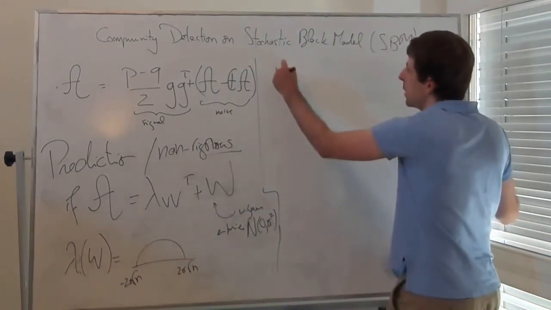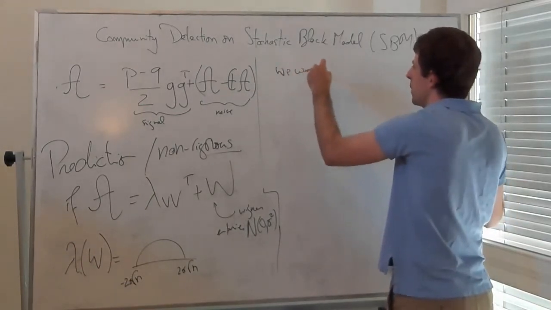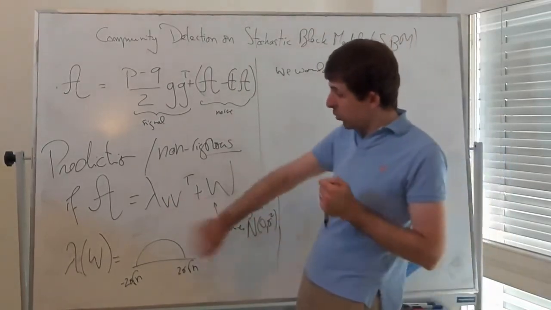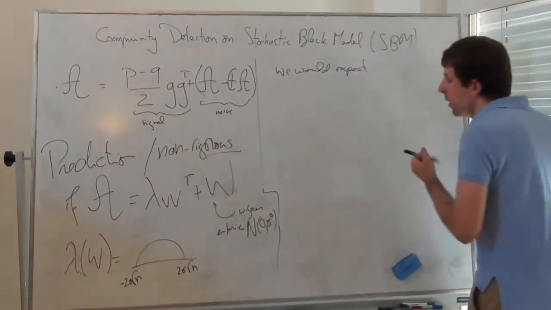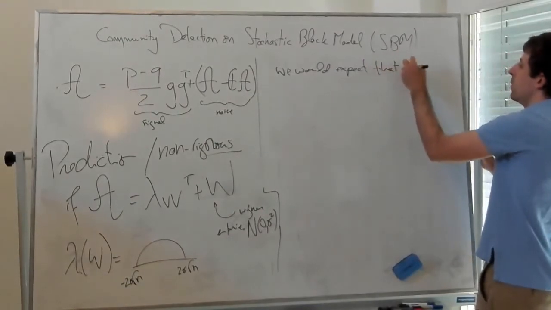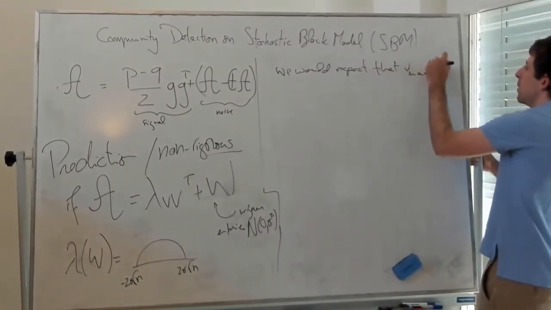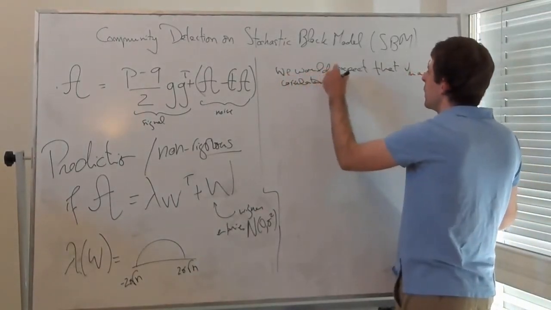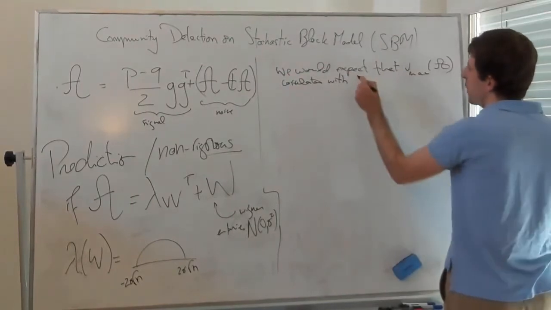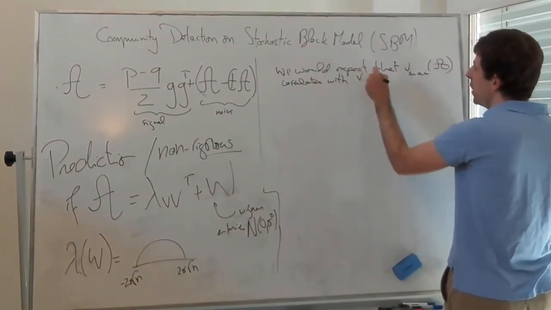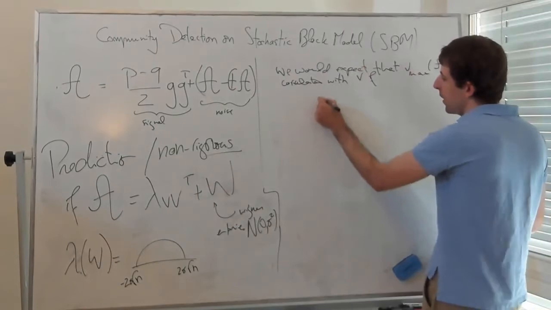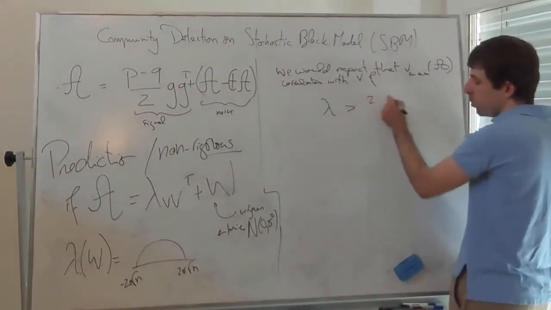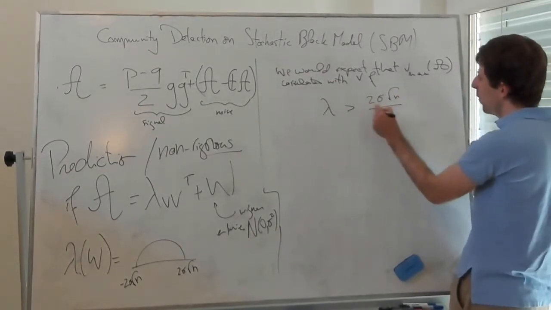And so we would expect, I mean, if these were really Gaussian, we would know, not just expect, that the leading eigenvector of calligraphic A correlates with V if lambda was bigger than 2 sigma root n over 2, right?